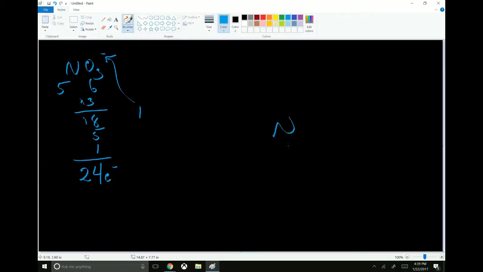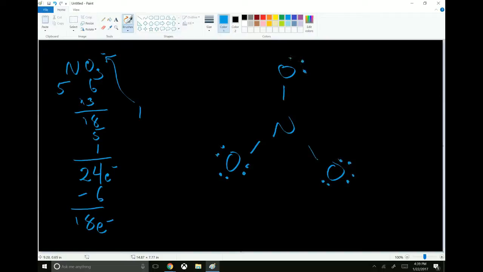So nitrogen goes at the middle. We put the oxygens around it. That uses 6, leaving us with 18 electrons. So 2, 4, 6, 8, 10, 12, 14, 16, 18. So minus 18 equals 0.